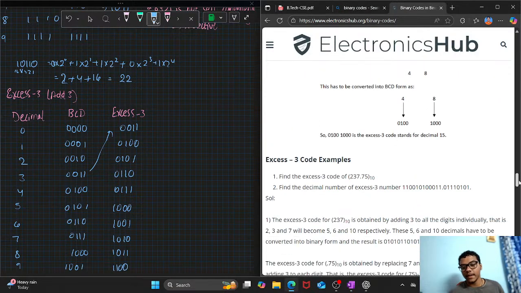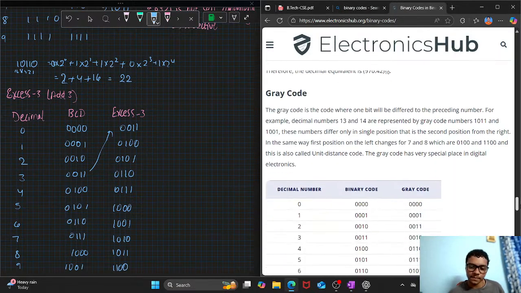That is the code for 9 in excess 3 format. That's how you do it.